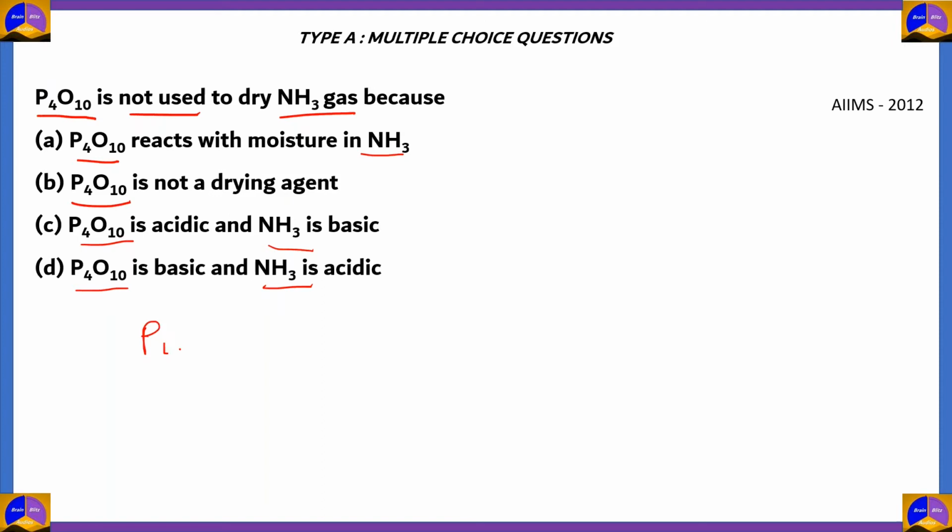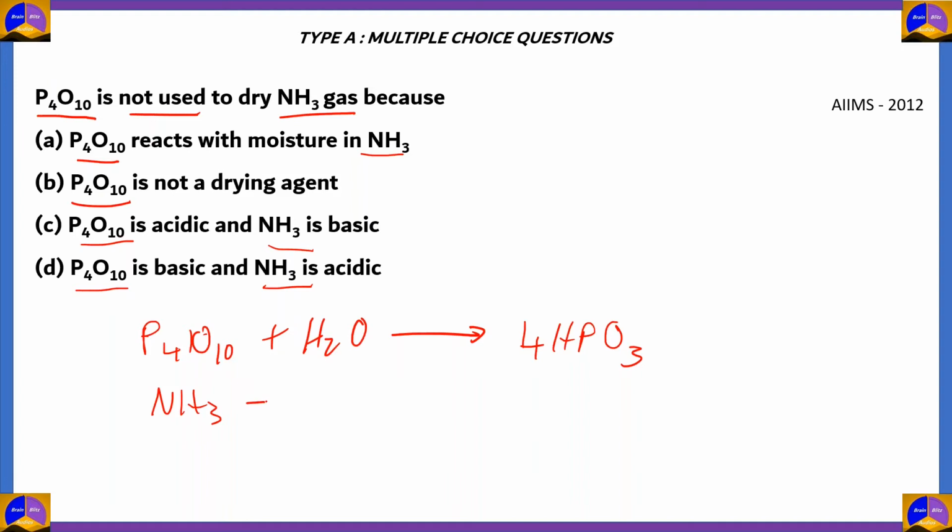Well, because P4O10 reacts with water to form 4 HPO3. This is known as metaphosphoric acid. And when we look at NH3, when it reacts with water, it forms NH4 plus and OH minus ions.